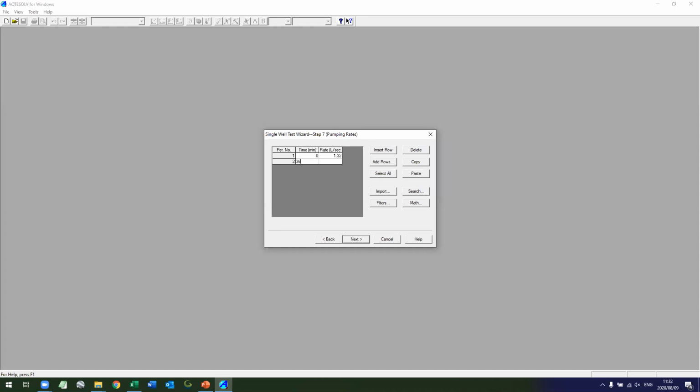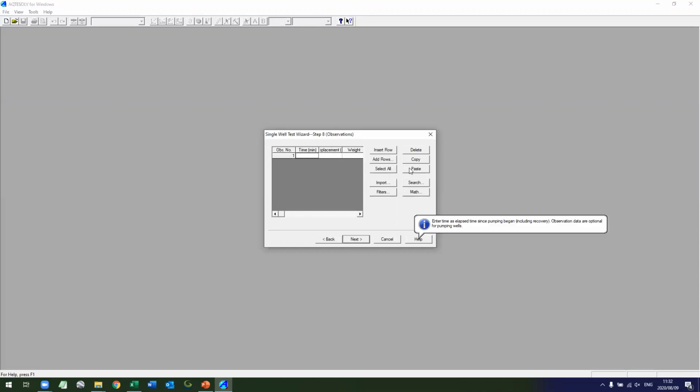So from 361 minutes, my pumping rate was 0. So from 0 to 360 minutes in my observation data set, I was pumping at 1.32 liters a second. Then from 361 minutes, I'm pumping at 0.